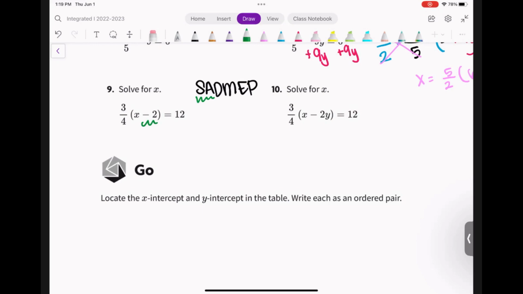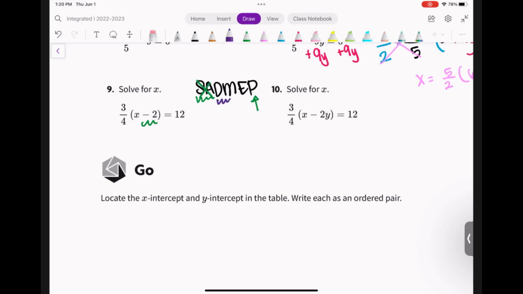Yeah, you're stuck in parentheses, so there's no way. That -2 is actually stuck here. So you can't add 2 to both sides until you've gone through the D, the M, the E, and then finally P. So then you're like, okay, Miss Johnson, there's no subtraction or addition.